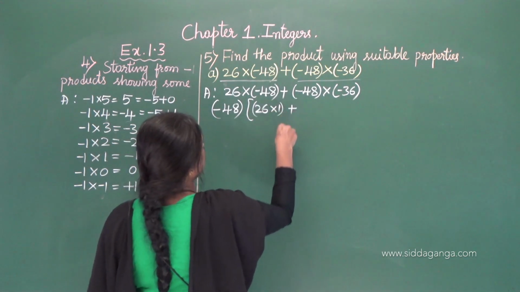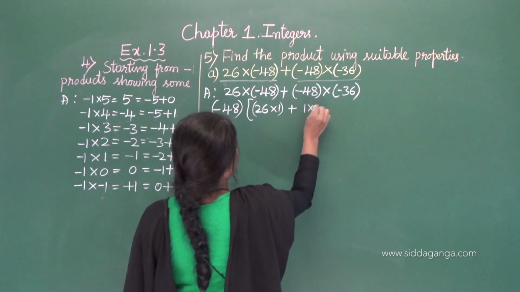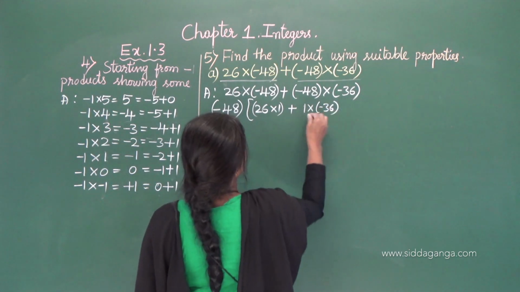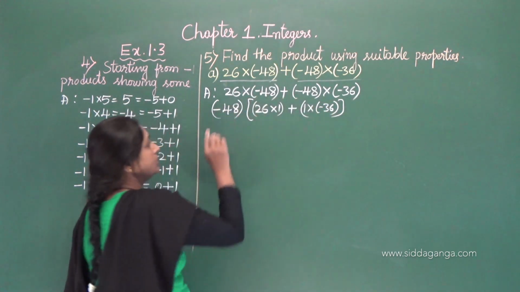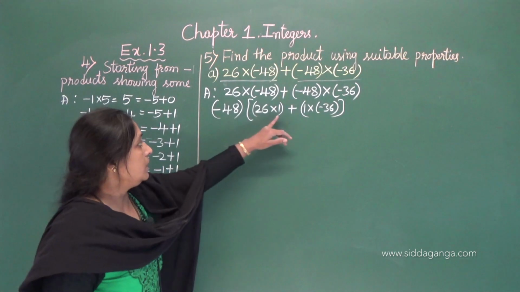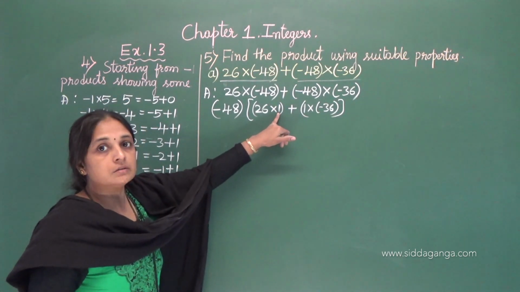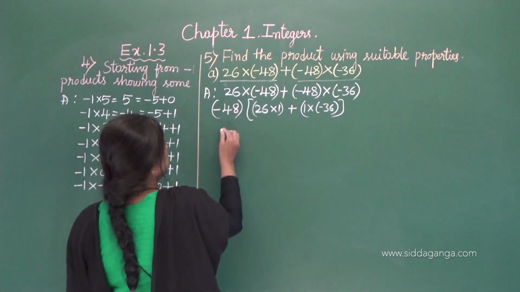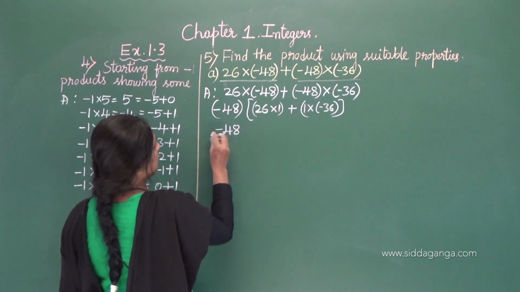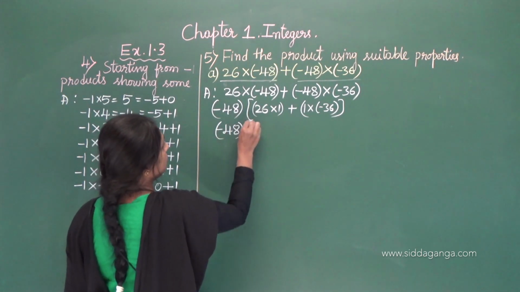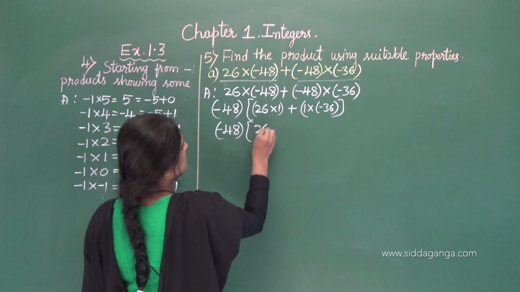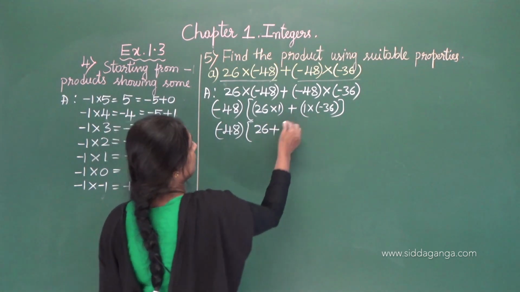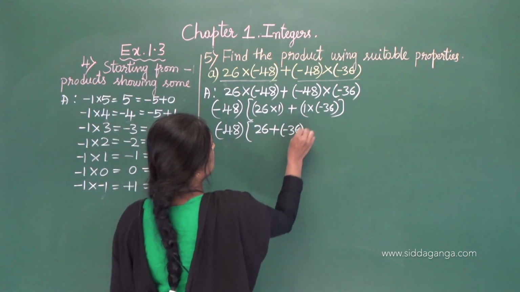Okay, then plus 1 into minus 36. When we take out common number, we get 1 here. For that I written like this. Then it is minus 48 into, okay, then 26 plus of minus 36.